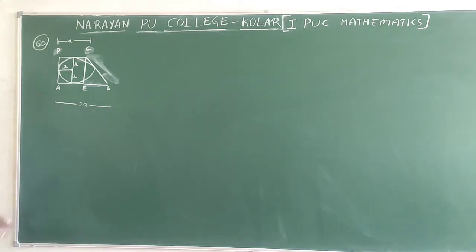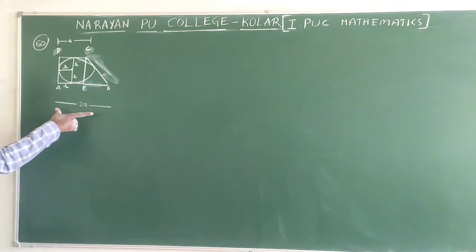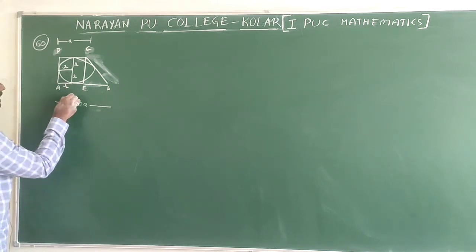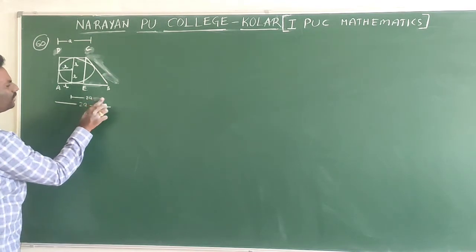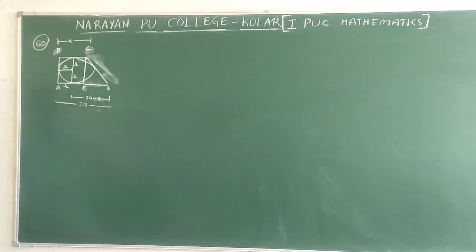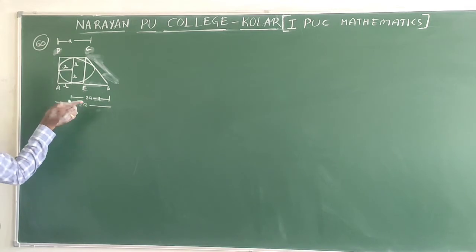Next, if this is r, then it is also clearly r. Now this total length is 2a and this part is r, then the remaining part is 2a minus r. Now here, if this length is a, this length is also a.